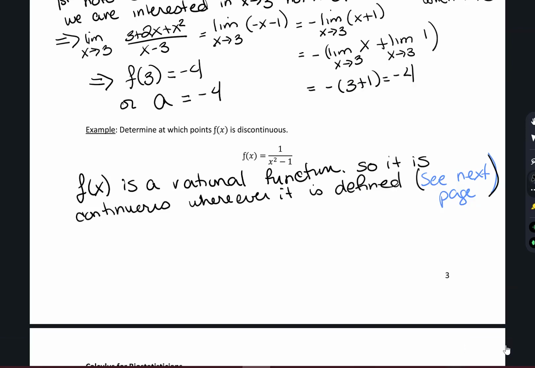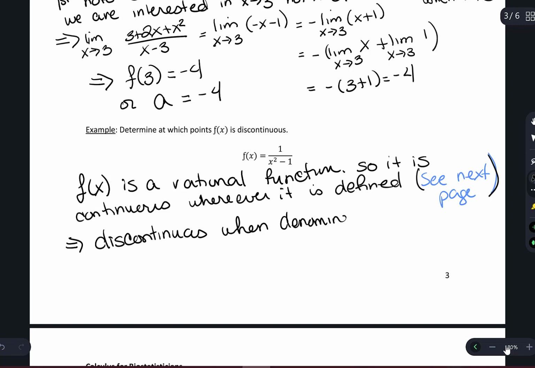So therefore, we just need to figure out where this function is not defined. And since there is a fraction here, we know it's not going to be defined any time that we would end up with a 0 in the denominator. So we just need to determine which values would make the denominator equal to 0 in this case. To find that, we could just set x squared minus 1 equal to 0.